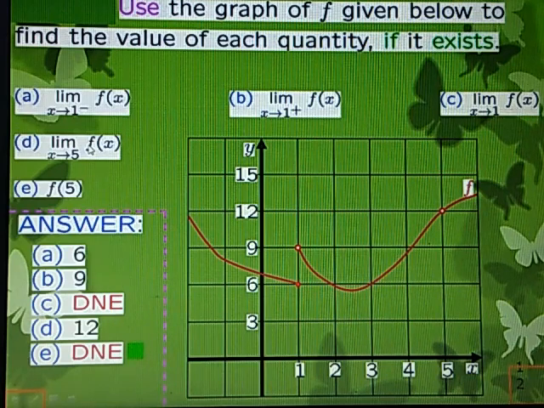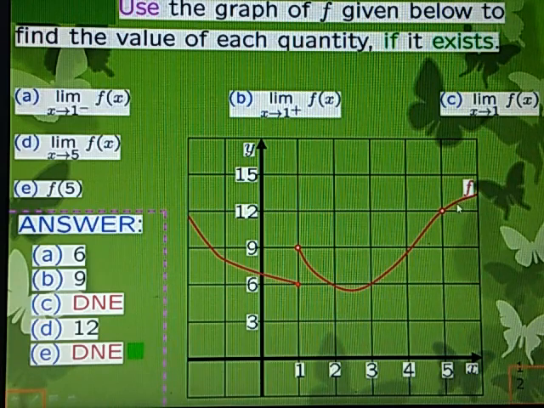Okay, D, this is again limit x tending to 5 f(x). So again I have to check whether at 5 the limit exists or not. If it is existing, what is its value? So on the graph you have to see the left hand limit at 5 and the right hand limit at 5. See here, this is x on the left of 5. As we get closer and closer to 5 from the left, you can see the curve is getting close to 12.